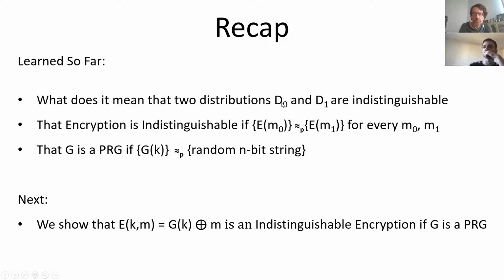So we have this notion of what it means for two distributions to be computationally indistinguishable. The notion is, again, for all efficient attackers, if you measure the probability that the attacker outputs some fixed flag, let's say 1, on a random sample from this distribution, and you subtract the probability that the same attacker outputs the same flag on a random sample from this distribution, then this difference must be negligible.